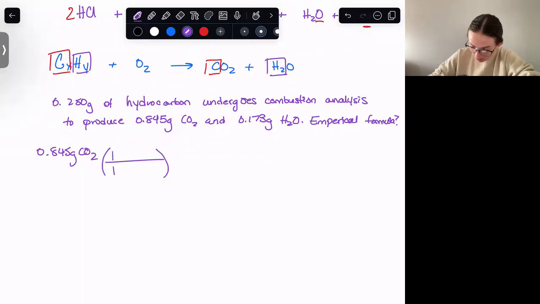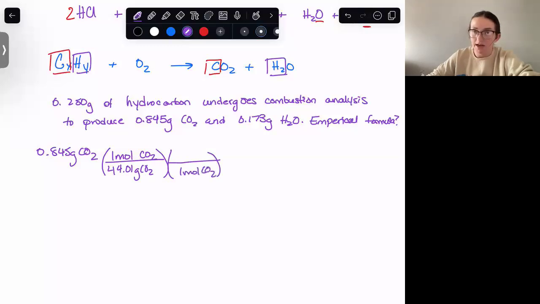So for every 1 mole of CO2, it's 44.01 grams of CO2. And then in every 1 mole of carbon dioxide is 1 mole of carbon, right? So now we just get down our carbon dioxide to how many moles of carbon are in our sample.